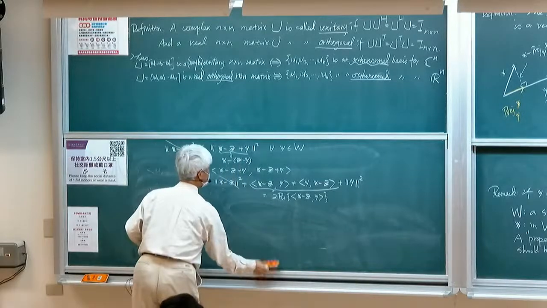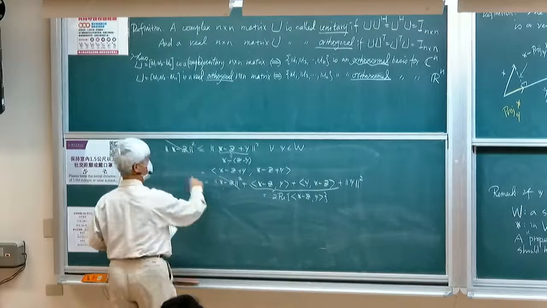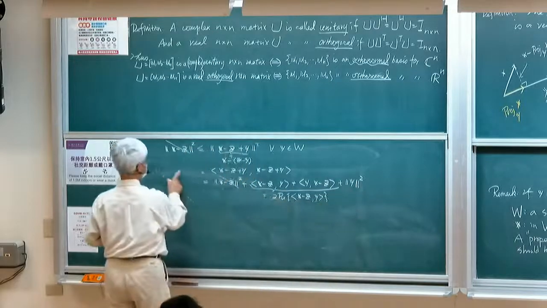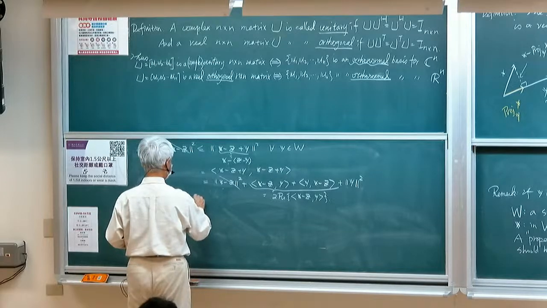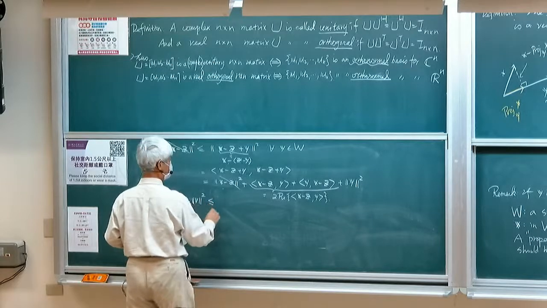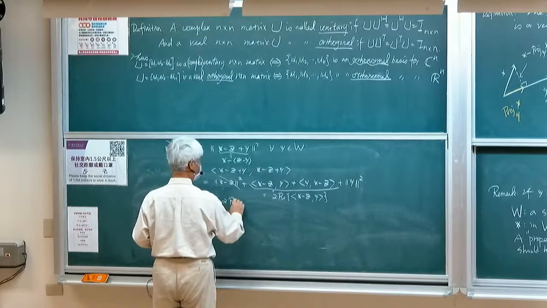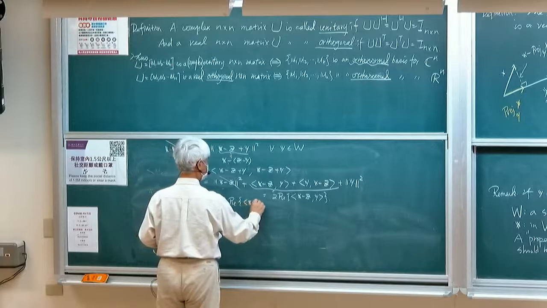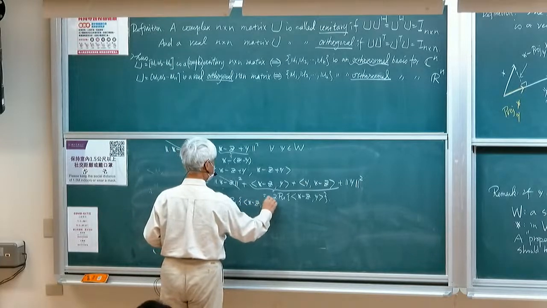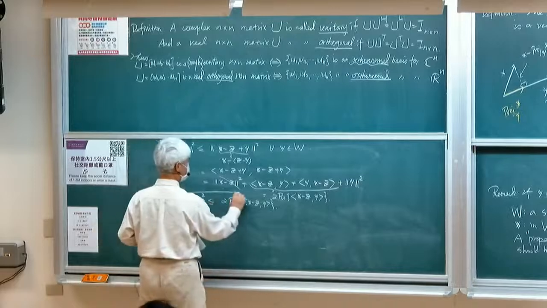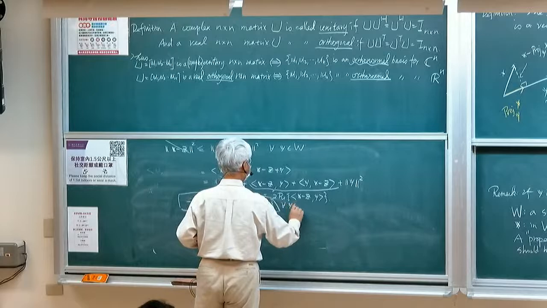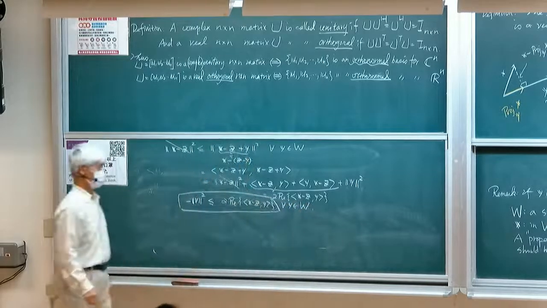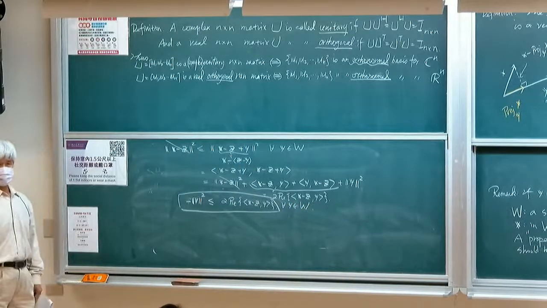Okay, so when we cancel them and we move this to the left hand side, so we have minus y squared is less than or equal to 2 times the real part of the inner product. Okay, so we have this functional relationship for all y in W. We have that. Okay?